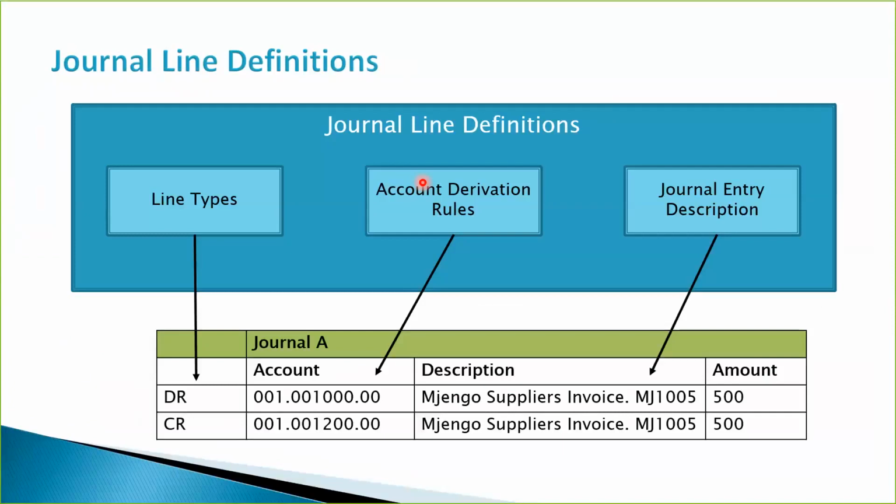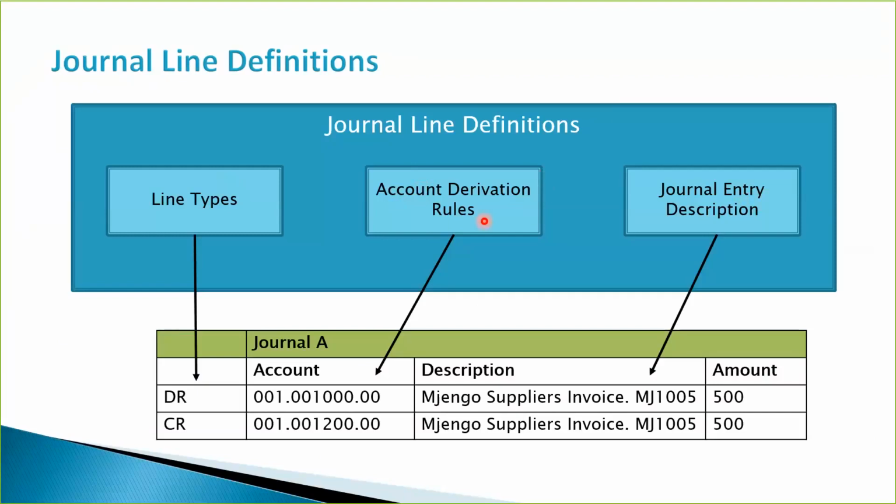The application accounting definitions contain journal line definitions, which contain journal entry setup components. Those components are the line type, the account derivation rules, and the journal entry description. I know we haven't talked about account derivation rules. We are going to talk about them in our next session.